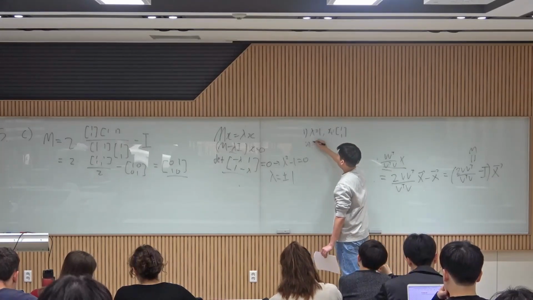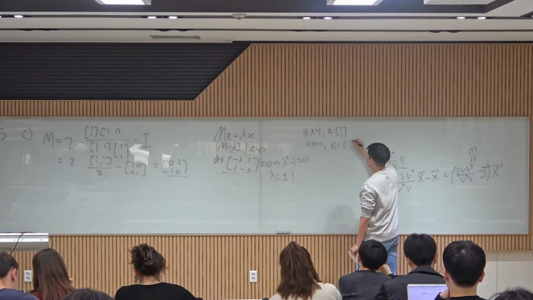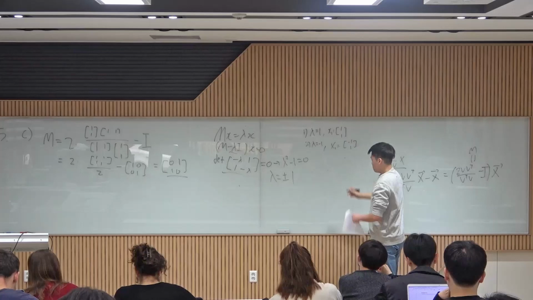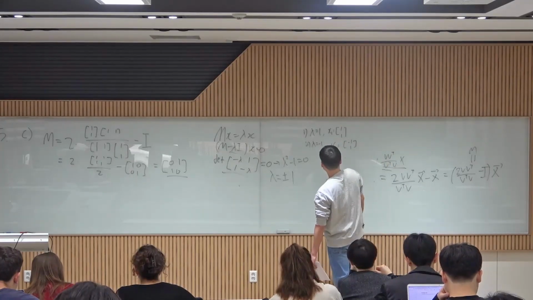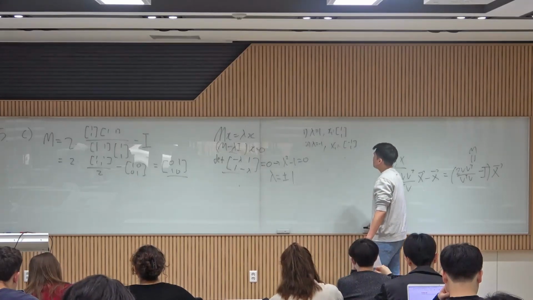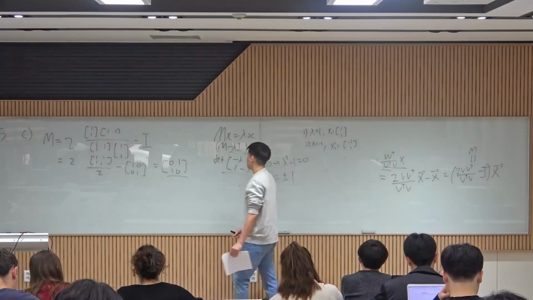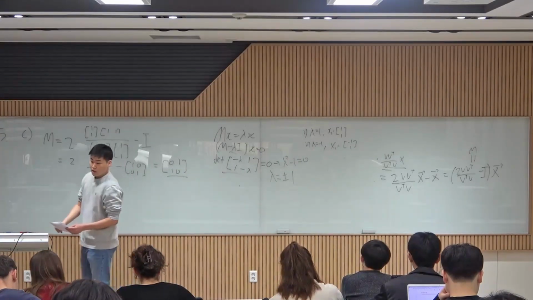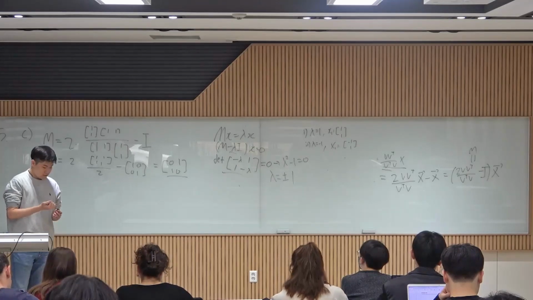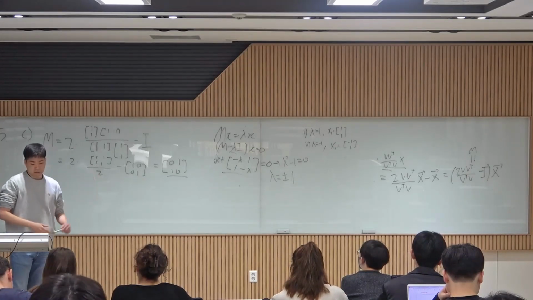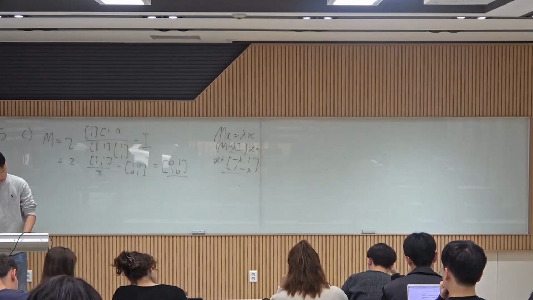And for lambda equal to minus 1, we have x equal to (minus 1, 1). So these 2 eigenvalues and 2 eigenvectors are the answer for this question. There can also be other forms of eigenvectors, so it doesn't matter if your eigenvectors are different from this answer. Now, let's go to problem 6.